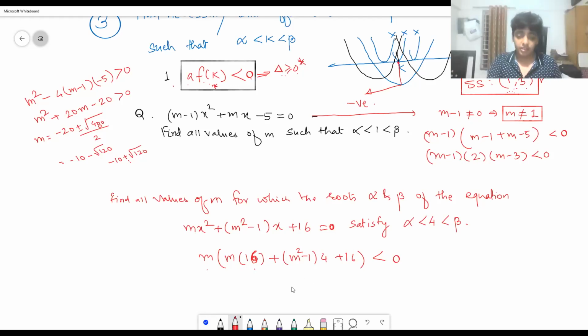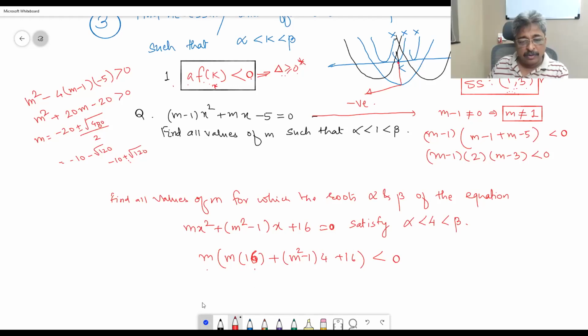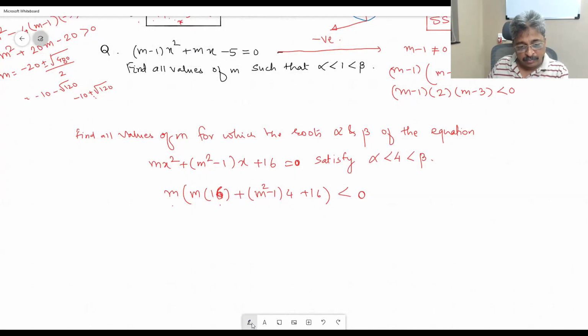Yes, sir. Now I'm checking whether you are paying attention or not. Okay. Therefore, what is there inside? Inside we have 4m square plus 16m minus 4 plus 12.